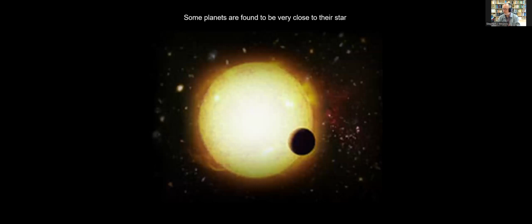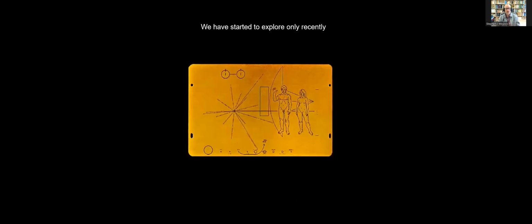And many of these planets that have been found are very, very close to their star. So it means that planets don't just form in place, but sometimes in the history of a solar system, planets can move very, very close to their stars. We've only very recently started to explore any of this.